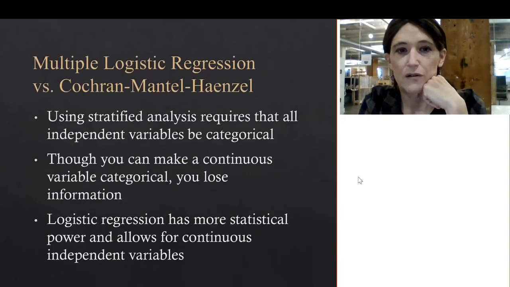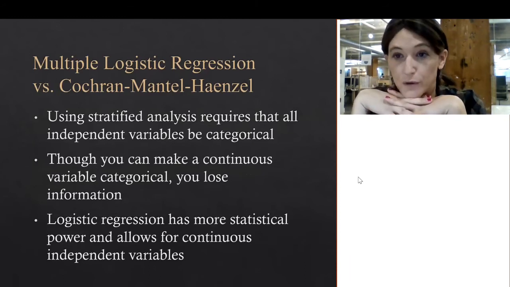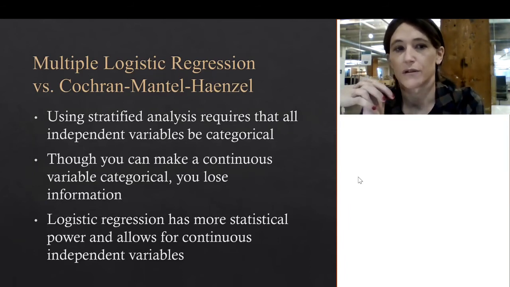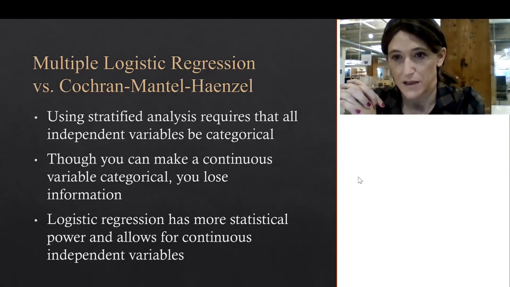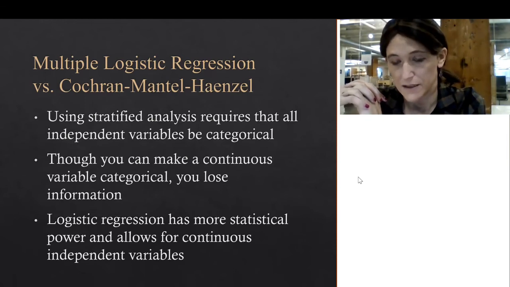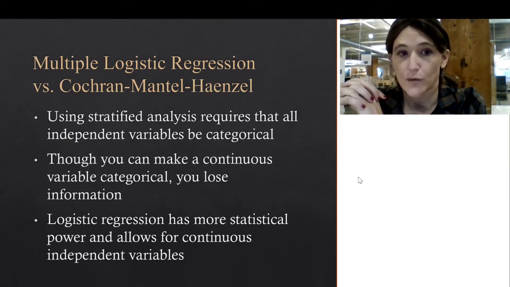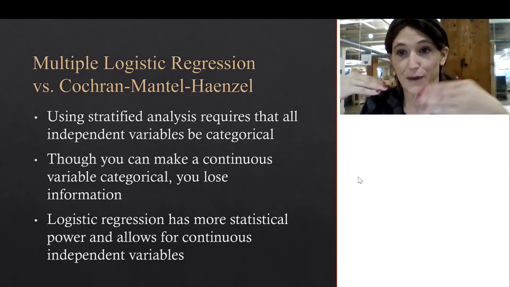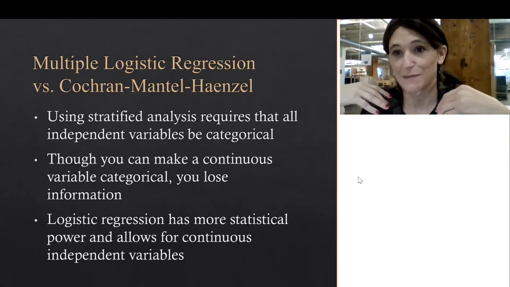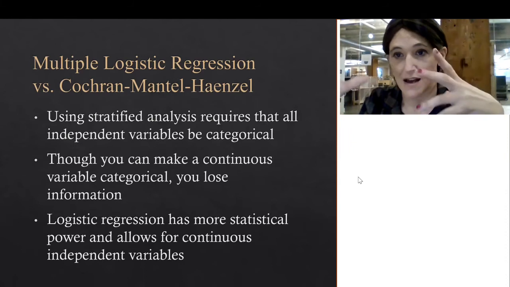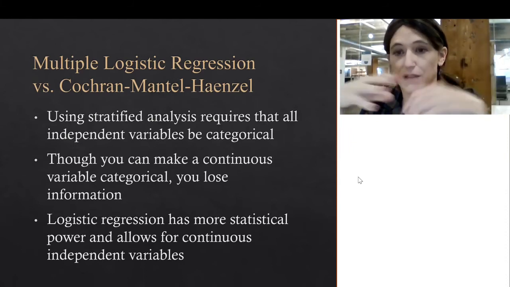Okay, and so doing adjusted analysis, there's really no equivalent in linear regression other than doing linear regression. Logistic regression, we kind of have the option of doing the Cochran-Mantel-Haenszel method. Now, the Cochran-Mantel-Haenszel method, which we discussed a little bit previously, is when we use basically 2 by 2 by 2 by 2 by 2 tables, and we just keep cutting it and then get adjusted estimates that way.